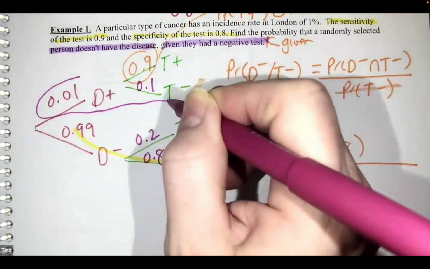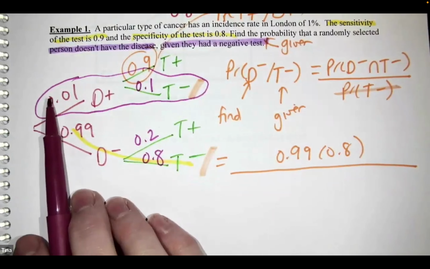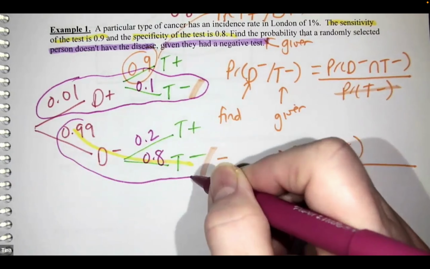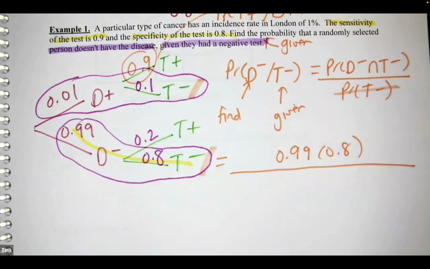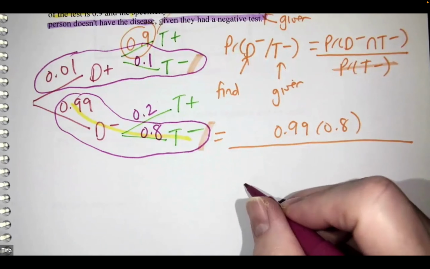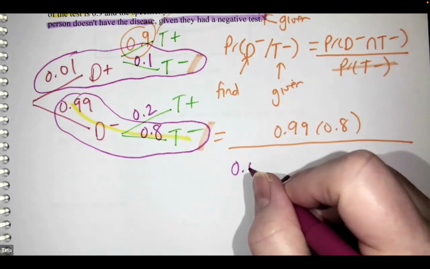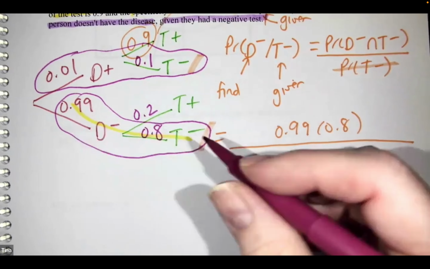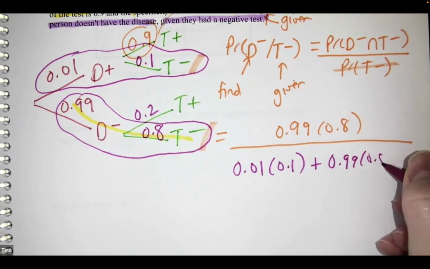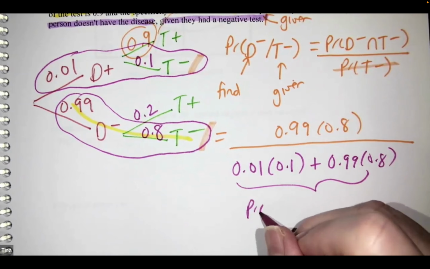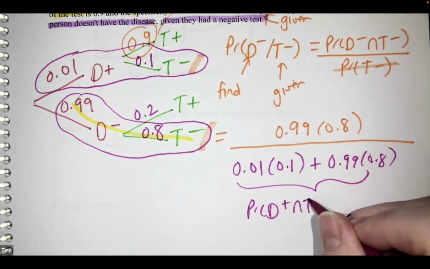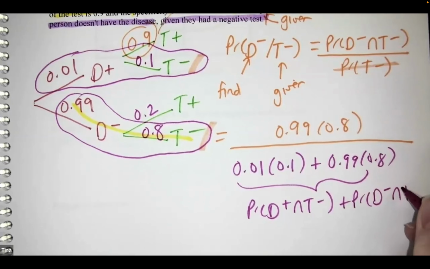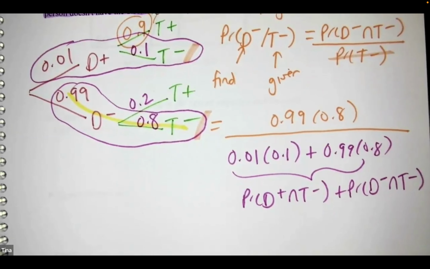So we could test negative and have the disease, so D plus and T minus, or we could not have the disease and test negative. So there's two ways to test negative. We multiply through 0.01 times 0.1, or add 0.99 times 0.8. This is D plus and T minus, and then this one is D minus and T minus.